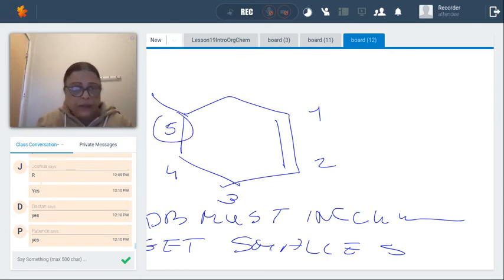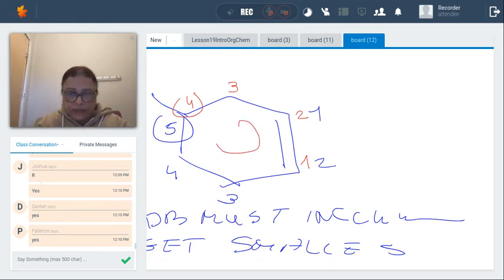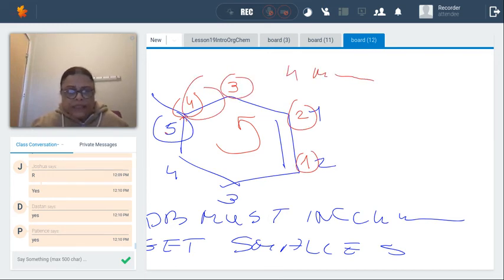But I can also count 1, 2, that also includes the whole double bond, 3, 4. Correct? I can count counterclockwise and I can count clockwise. But if you count clockwise, your methyl will get position number 5. And 4 is smaller than 5. So you count 1, 2, 3, 4. This is 4-methylcyclohexene. Okay?